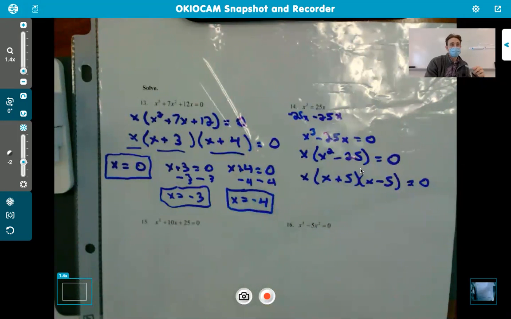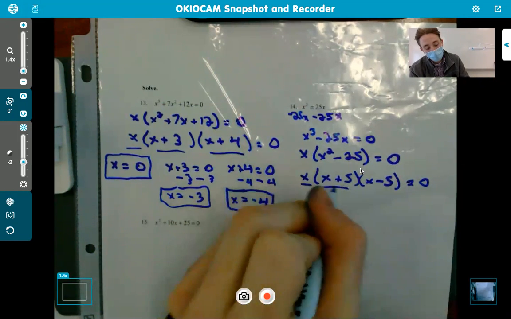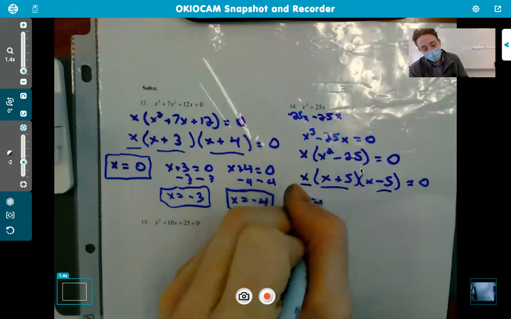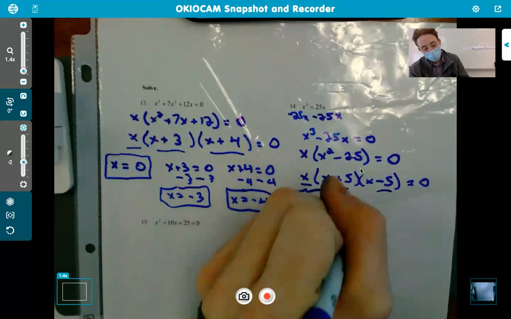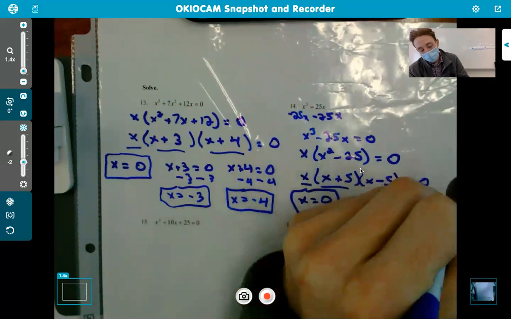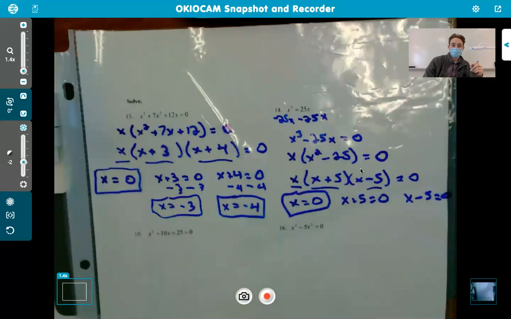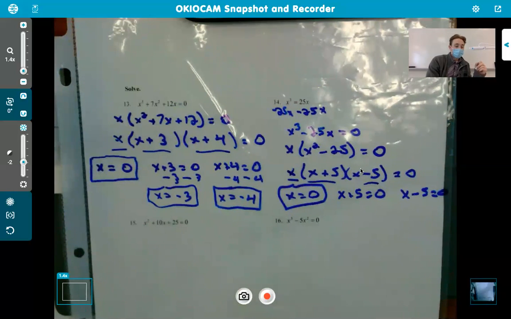What do I do from this step here? Set each factor equal to 0, including that x on the outside, right? So again, I'll have x equals 0, x plus 5 equals 0, and x minus 5 equals 0. So what would be my other two solutions?